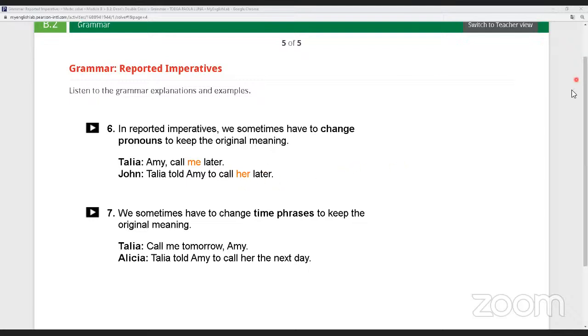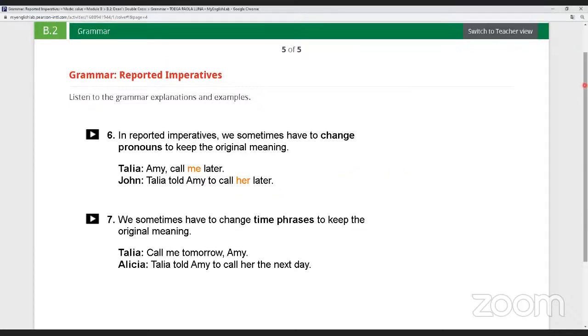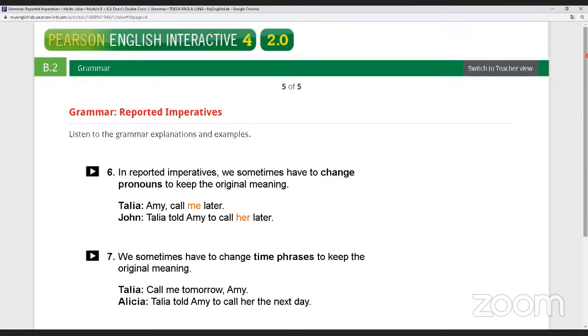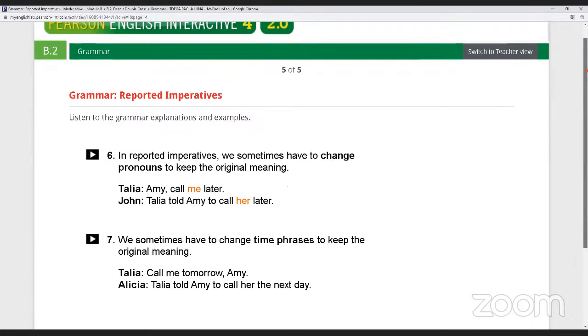Take care of yourself. Another person is going to listen to it, and this person is going to report. So how could this person do it? The teacher told Nicole to take care of herself, right? I'm not using yourself, I'm changing the pronoun.